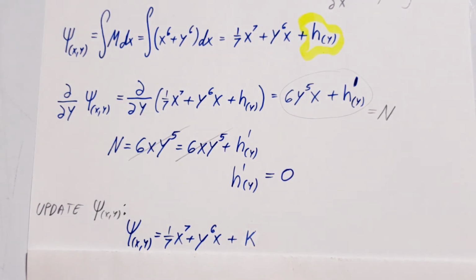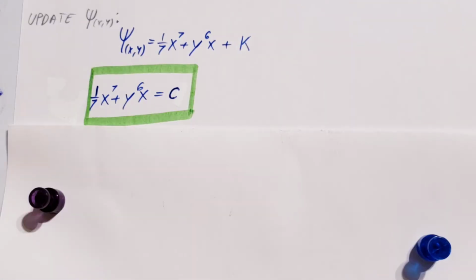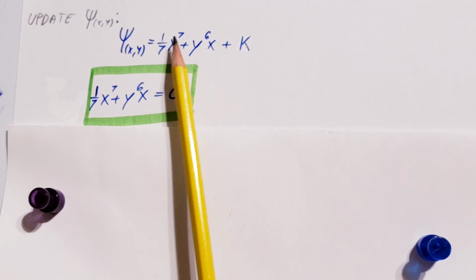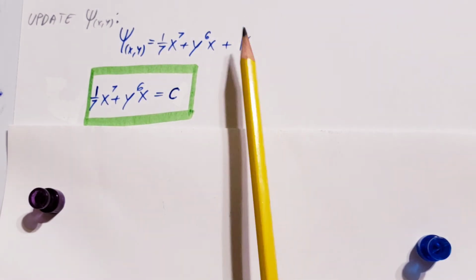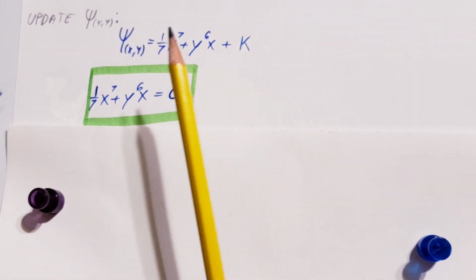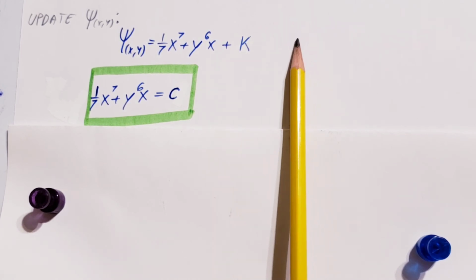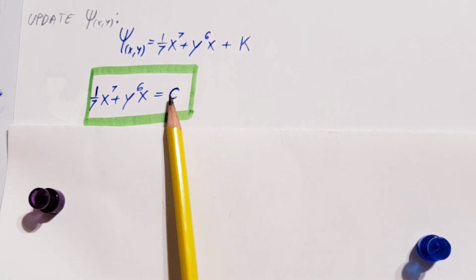I'm going to use k. Now from the definition of this method, we know that this function at this stage is equal to a constant. Therefore, I can just simply take this constant to the other side and combine the two constants, and that will give me the C.